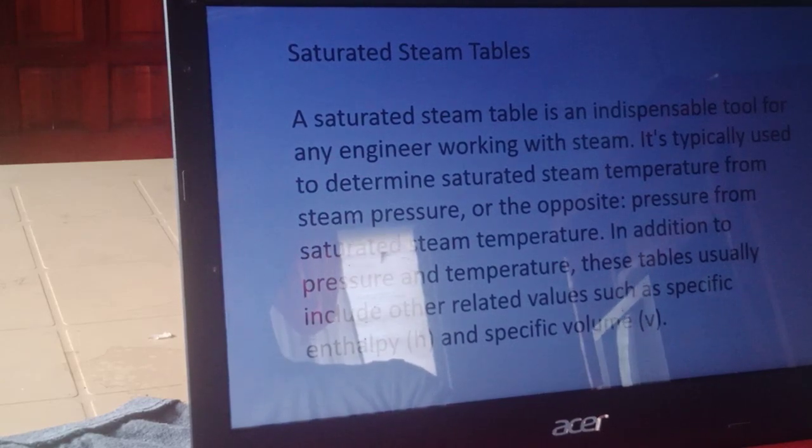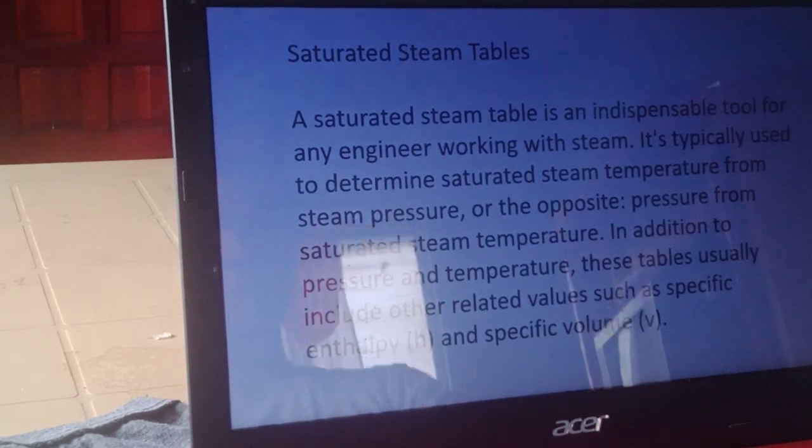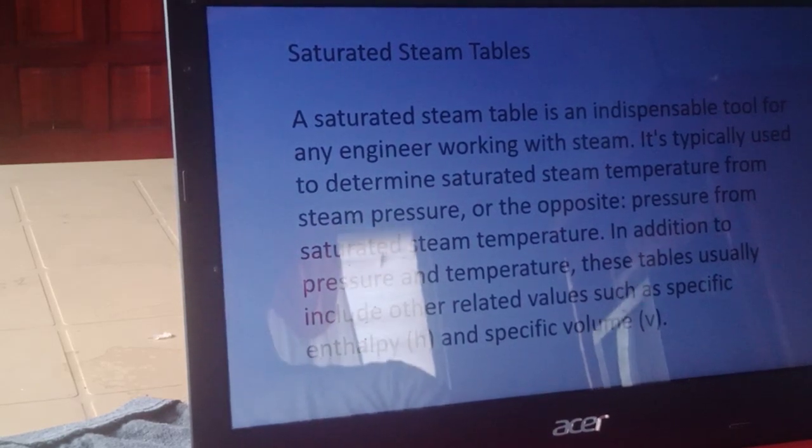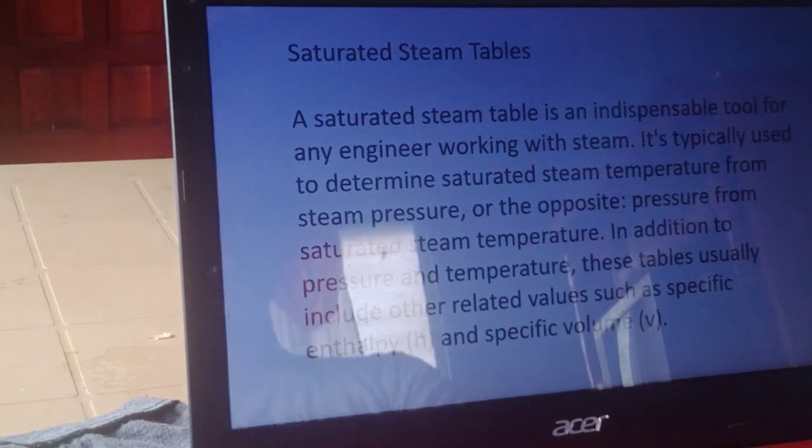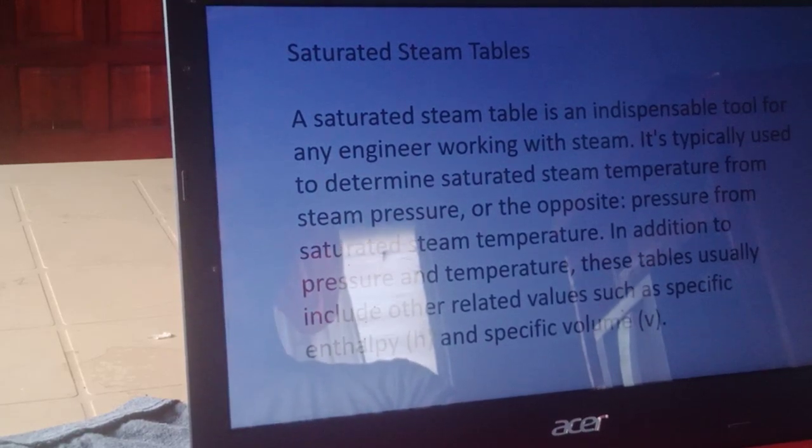It's typically used to determine saturated steam temperature from steam pressure or the opposite, pressure from saturated steam temperature. In addition to pressure and temperature, these tables usually include other related values such as specific enthalpy and specific volume.